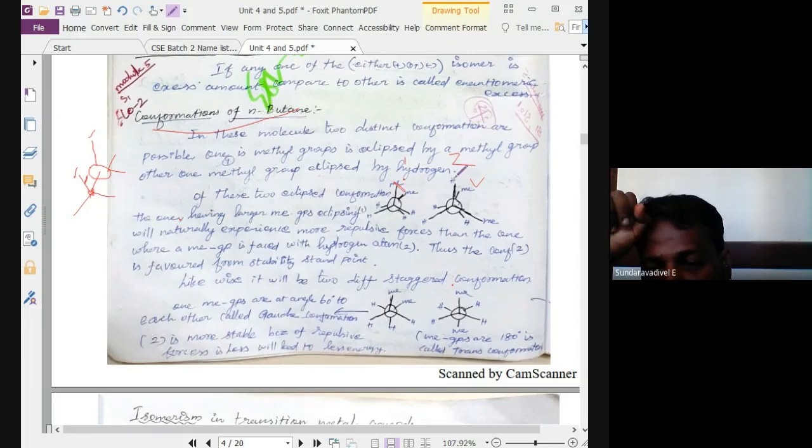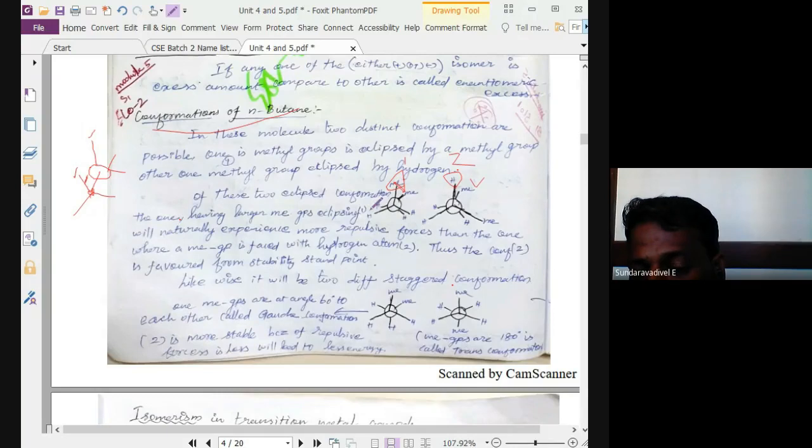This is less steric hindrance when compared with the front carbon methyl group. The hydrogen atom is small in size, but the methyl group is bigger than the hydrogen. Therefore, methyl eclipsed by methyl is very unstable, and methyl eclipsed by the hydrogen atom is comparatively stable.